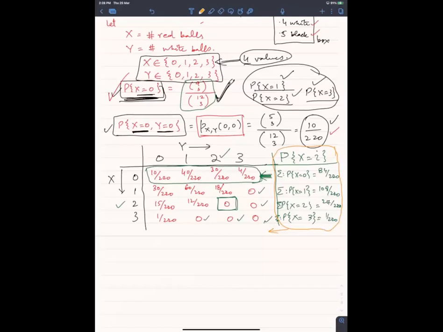So if I tell you probability x is equal to 0 is this, x is equal to 1 is this, x is equal to 2 is this, x is equal to 3 is this, all of these probabilities in this column, this is the probability mass function of x. Probability mass function तो define ही ऐसे करते हैं कि आप जितनी values x ले सकते हैं उनकी corresponding probabilities वो बस बता दें. That is the probability mass function of x.